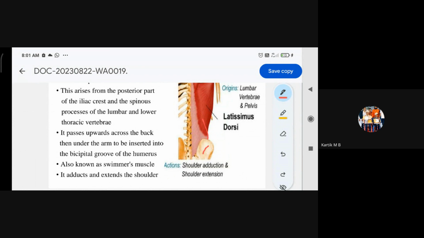Now, spinous process. We've already discussed the shape of vertebra. Do you remember what is the spinous process of vertebra? This latissimus dorsi muscle is originating from the spinous process of lumbar and lower thoracic vertebrae.